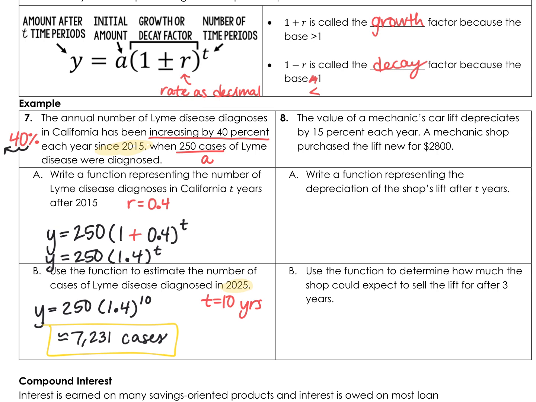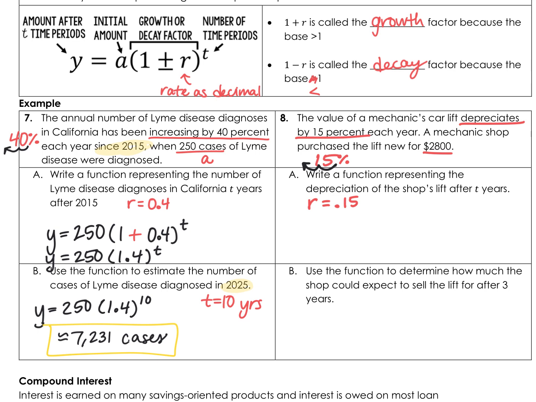The value of a mechanic's car lift depreciates. Do you know what that means? Loses value. Depreciates by 15%. A mechanic shop purchased the lift new for $2,800. So if I have 15%, that's not the rate. The rate is as a decimal. So move the decimal 2 to the left, and my rate is actually what? 0.15.